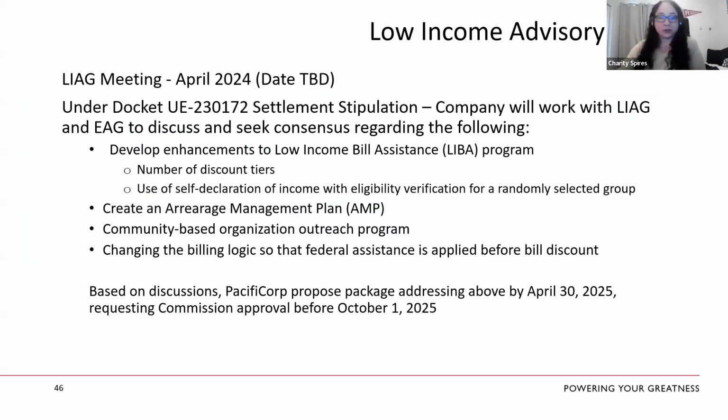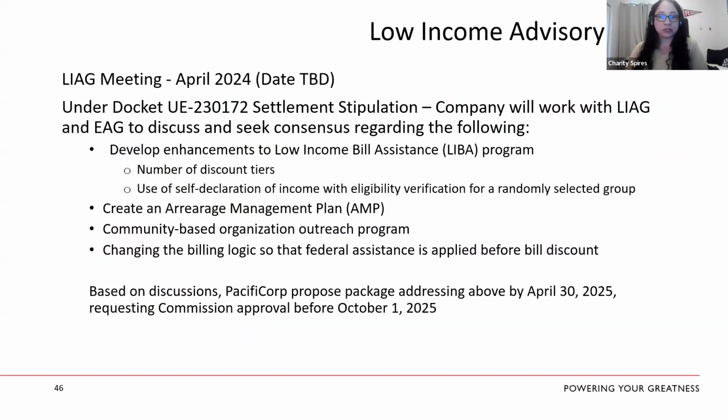Okay. Well, thank you, everyone. Happy Friday. Just an update on the Low Income Advisory Group meeting. On here, I have April 2024 to be determined, but I've just got that meeting scheduled for April 23rd, 2:30 to 3:30. We'll provide an update on the Low Income Bill Assistance Program.